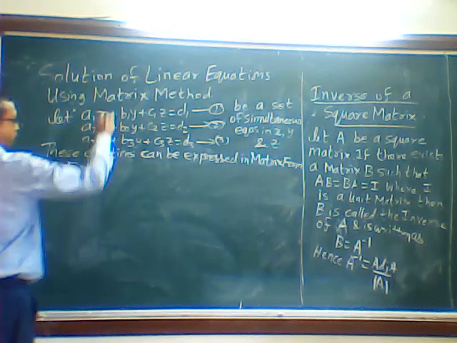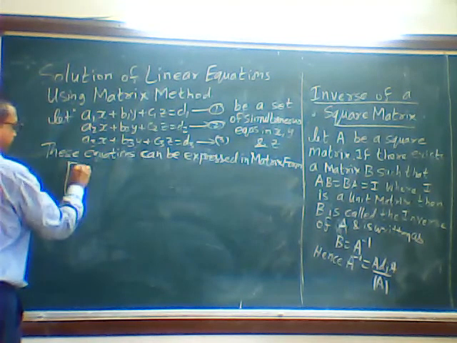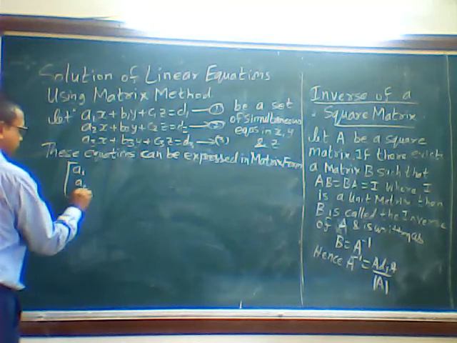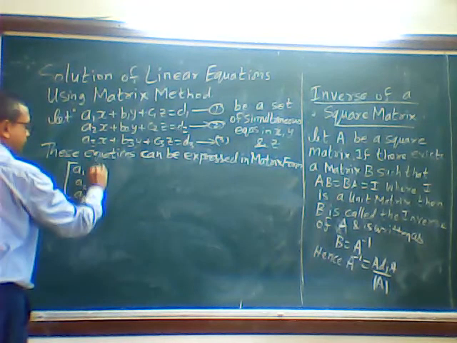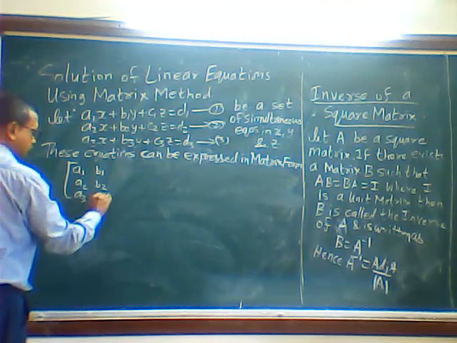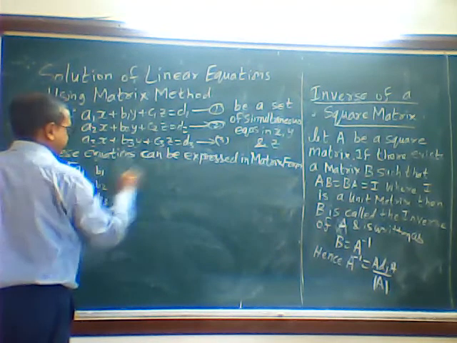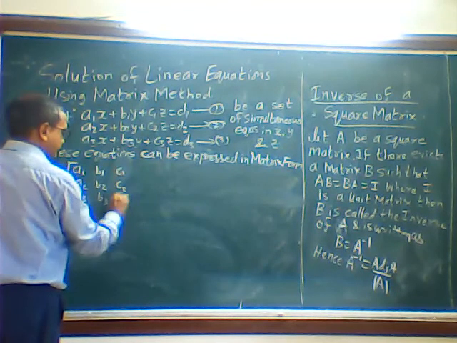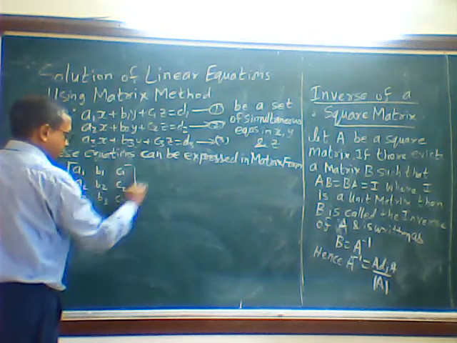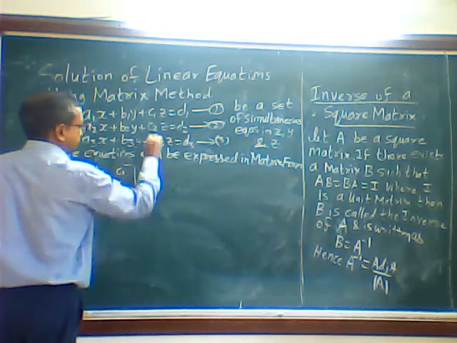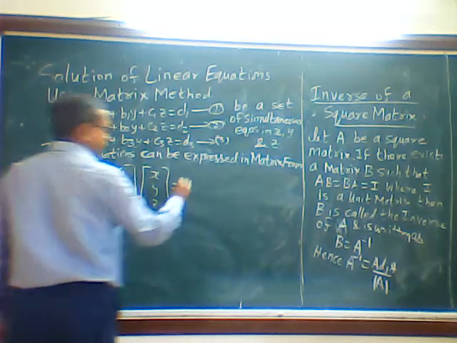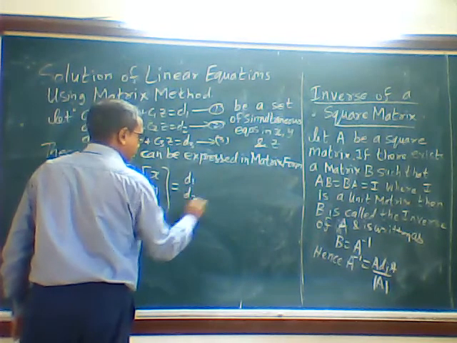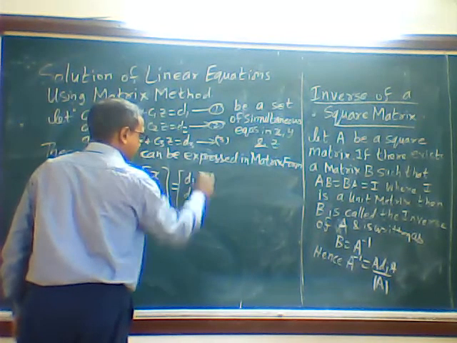See here, coefficient of x is what? a1, a2, a3. Next b1, b2, b3. Z is what? c1, c2, c3. Close it. Into here will be x, y, z is equal to d1, d2, d3.